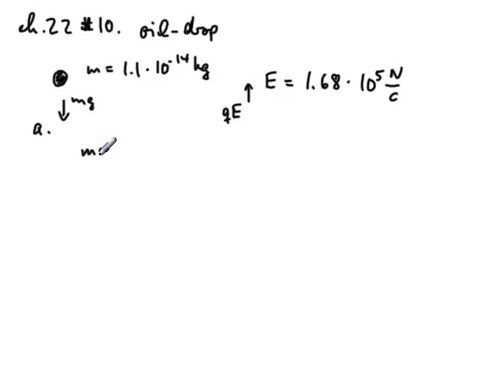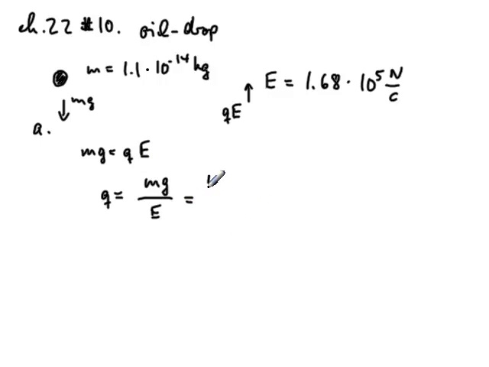So I said mg equals Q times E, and they're asking for charge, so the charge equals mg divided by E. You can see the algebra. All I did was take the E from here, put it to the other side, mg divided by E, and that equals Q. Okay, and then I plug in the numbers here.